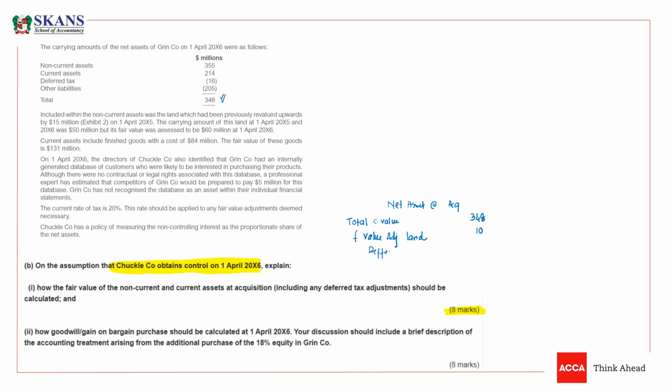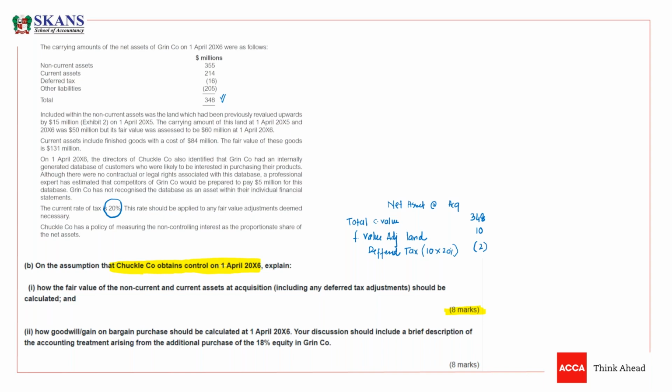We need to apply tax: 10 is the gain, and the tax rate given here is 20%. So it will be 2.